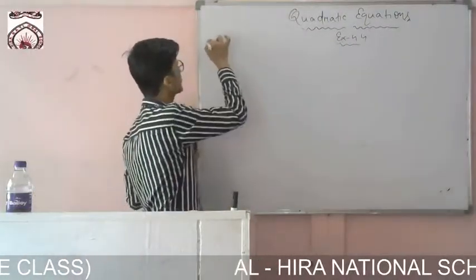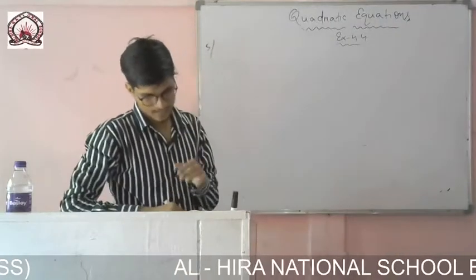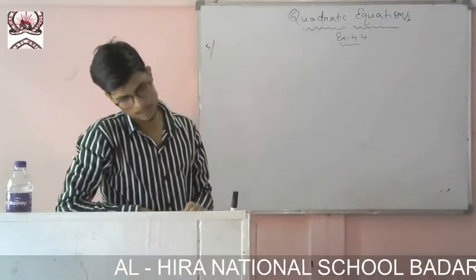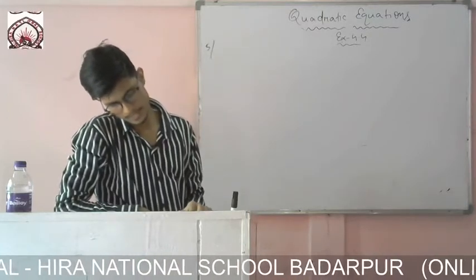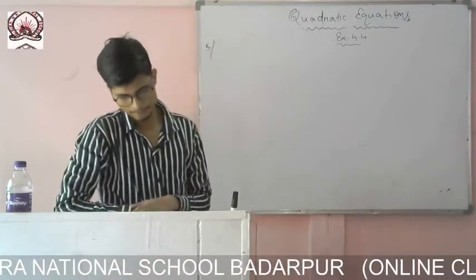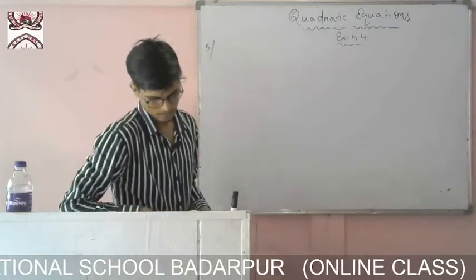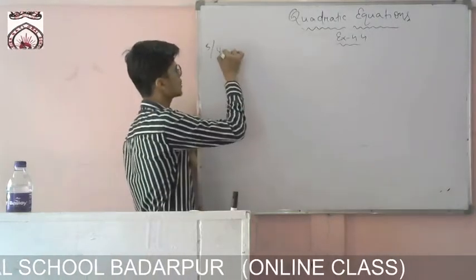Question number 5. Same question given, is it possible to design a rectangular park of perimeter 80 and area 400 meter? If so, find its length and breadth. If it is possible, then you have to find its length and breadth. So nothing is given, so let me write solution.